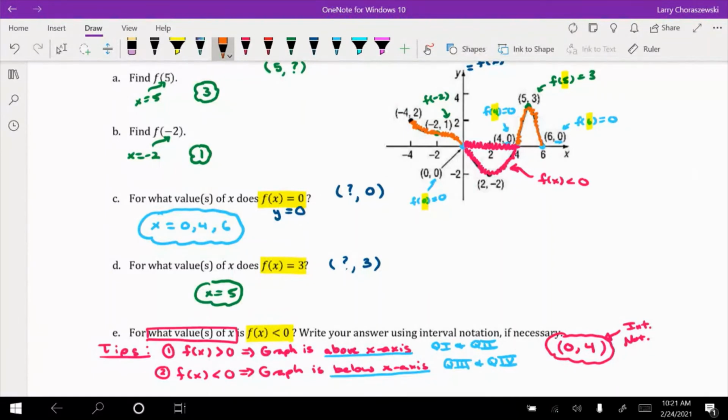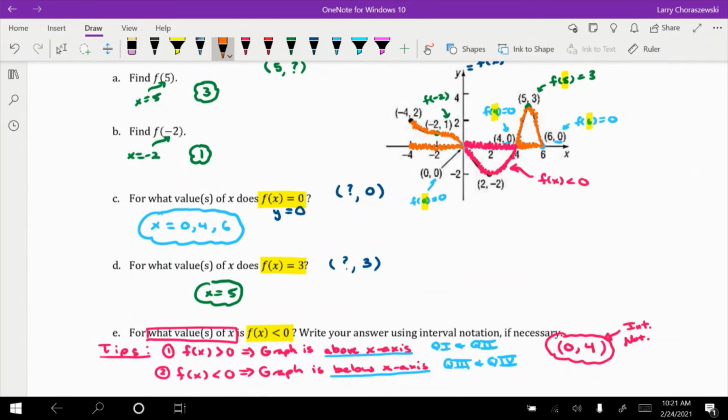So now that we've identified the parts of the graph above the x-axis, we need to shade the corresponding section of the x-axis. I'm going to look at the part in quadrant 2. The x values corresponding to this orange piece that I shaded would go from -4 all the way up to 0. And then the part of the graph in quadrant 1 is using the x values between 4 and 6.